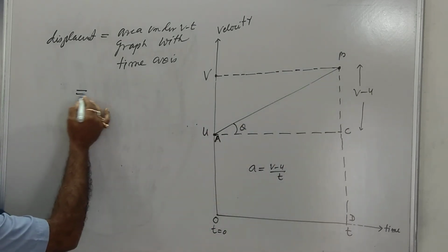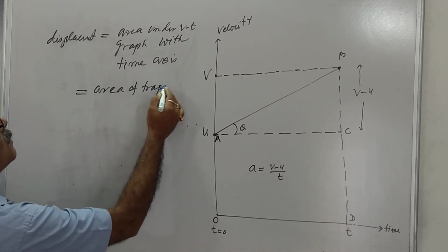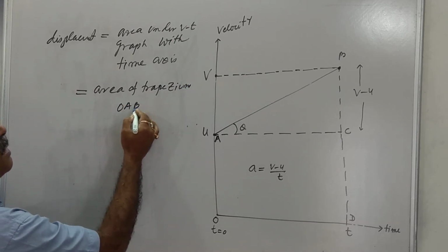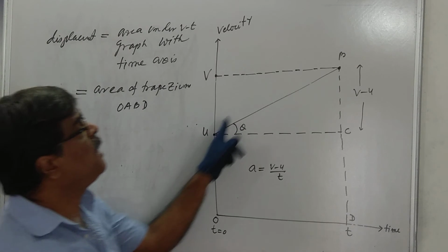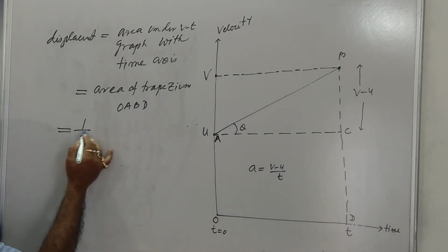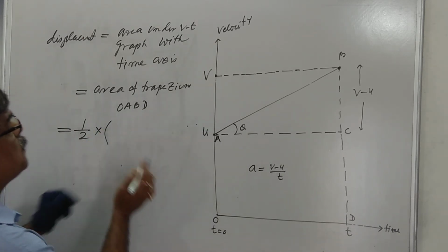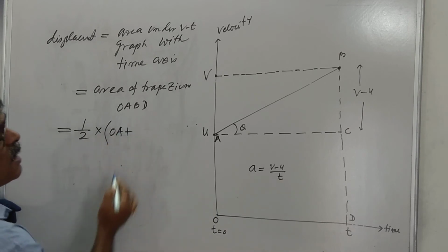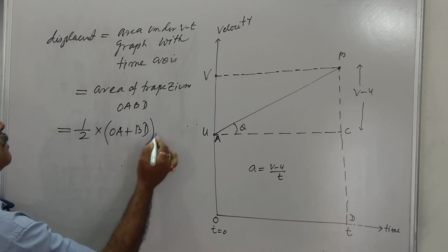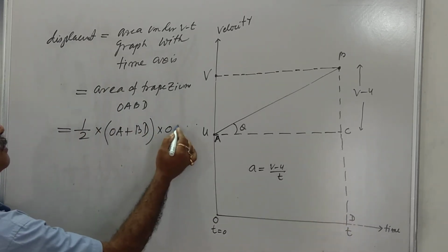And in this case it is equal to the area of trapezium OABD. This is the trapezium. So what is the formula of the trapezium? Area is half the sum of the two parallel sides, OA plus BD, and the separation between them, which is OD.